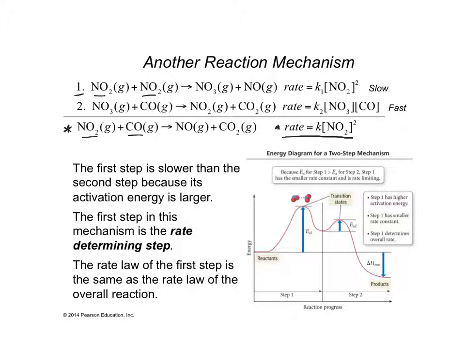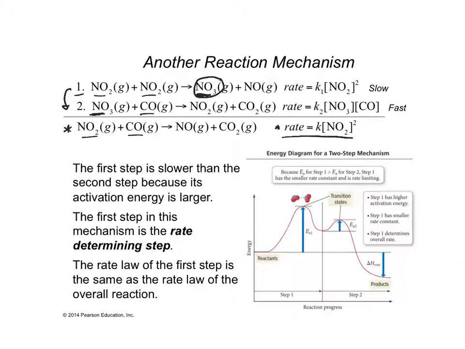And in the second step, we have something that we made in the first step, this NO3, it has to collide with the CO, goes to make products. To validate this mechanism, the first thing that has to be met is that this combined has to sum to the overall reaction, right? So when we add these two steps together, do we get our overall reaction? So we have an NO3 that is produced here that is immediately used in the second step. What is this called?